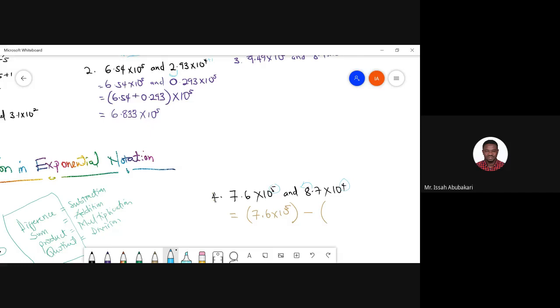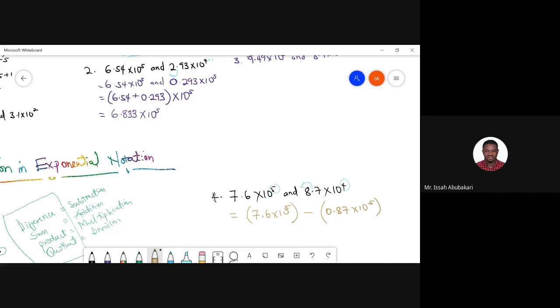And if you move to the left, how many times are you going to move it? Move it only 1 time. That will make the power 5. So we are moving it to the left, and you're going to have 0.87 times 10 power 4 plus 1, which is 5. And you go back to the same question again as previous.